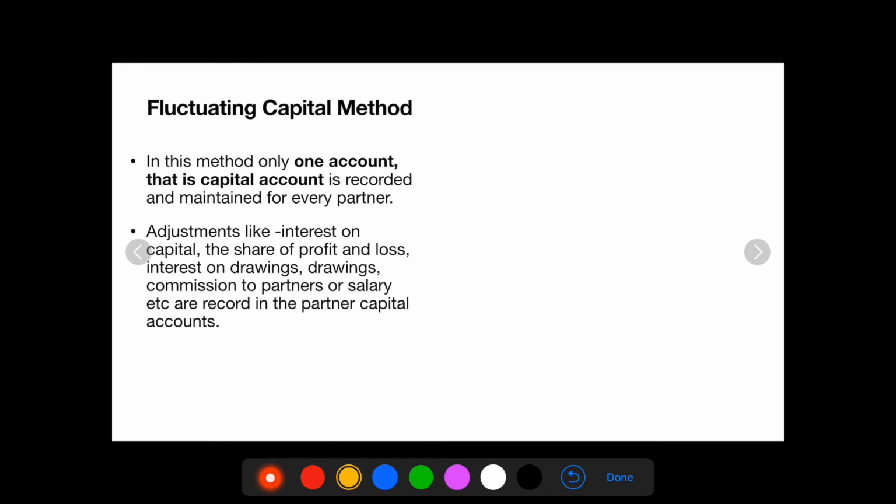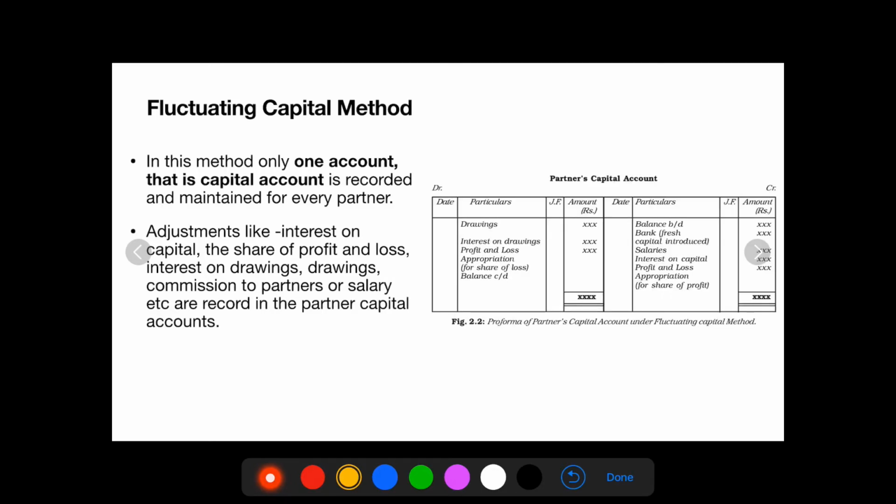Fluctuating capital method. Here we have only one capital account, that is partner's capital account. Now, since capital is not fixed, it keeps on fluctuating. So, therefore, we maintain only one account.